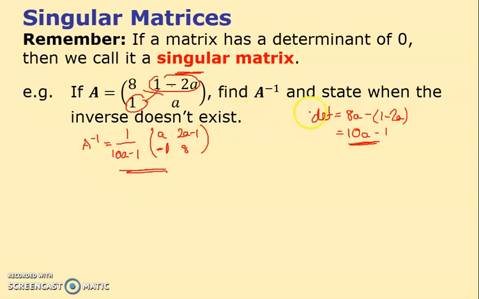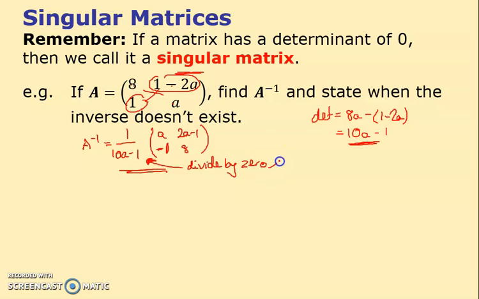And this is the bit I'm more interested in now: state when the inverse doesn't exist. Now notice, this has a problem if I divide by 0. Whenever I divide by 0, there's a problem. You try it on your calculator, you're not allowed to divide by 0. 48 divided by 0 won't work, 12 divided by 0 doesn't work, 1 divided by 0 doesn't work.